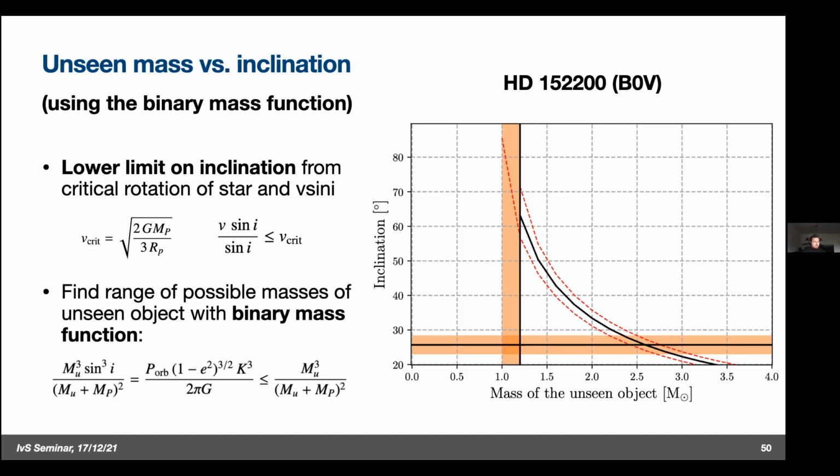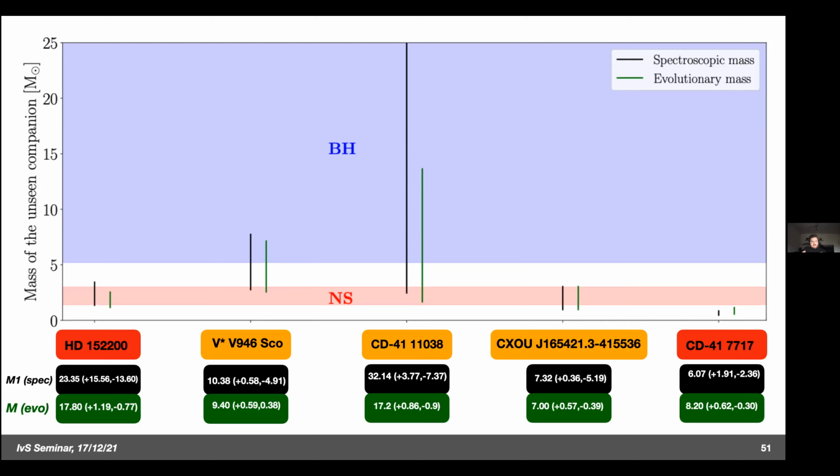Okay, so now we can compare these ranges to the predicted mass range for galactic neutron stars, which is in red in this diagram, and galactic stellar mass black holes, which is in blue. And you can see that the star we've been looking at, HD 152200 on the left, could potentially be harboring a neutron star.